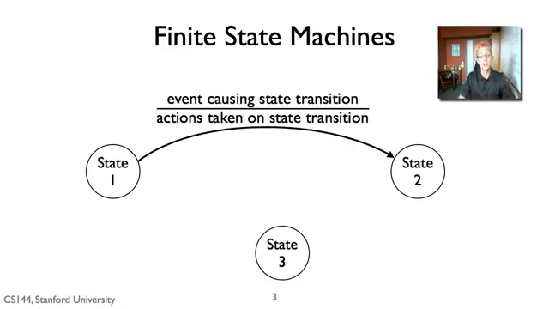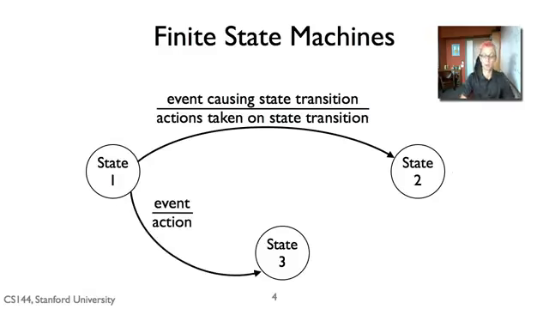Now in addition to states, you have transitions between them. The way you describe a transition is usually you draw an arrow, say here from state 1 to state 2. On top, you state what is the event that could cause the protocol to go from state 1 to state 2. Below this line, you say what are the actions that the protocol will take on that state transition.